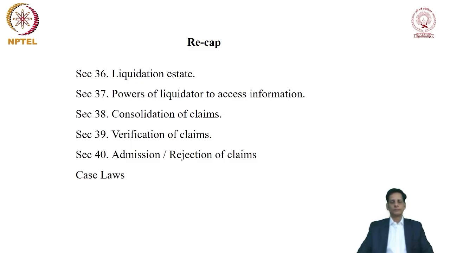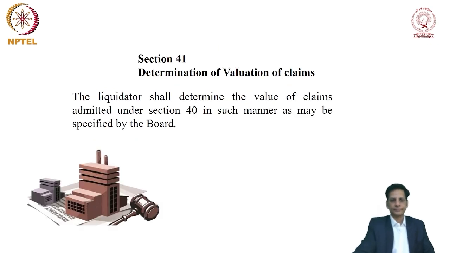Going forward, we will discuss many other things within the liquidation process. Section 41 now deals with determination of valuation of claims. A very important part. As we have understood in section 40, a liquidator may partly accept and partly reject a claim, or wholly reject a claim or wholly accept a claim.